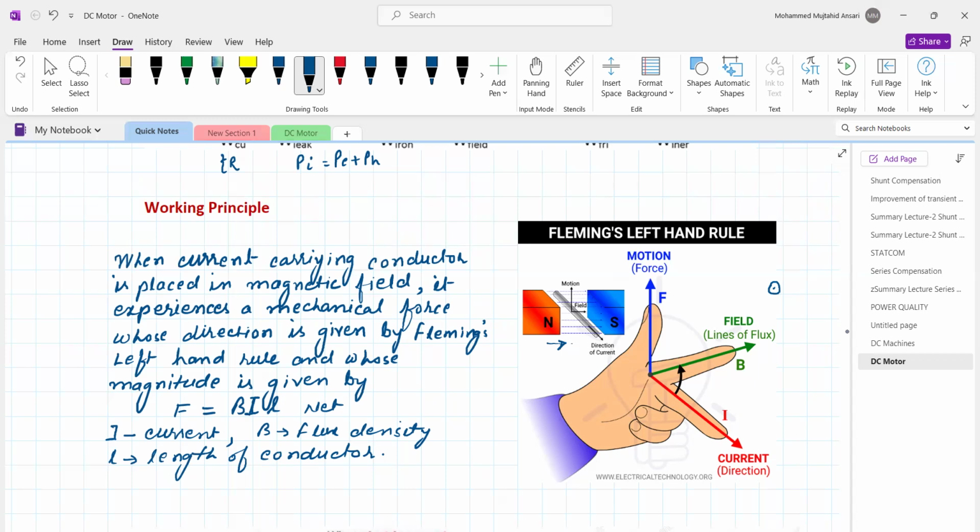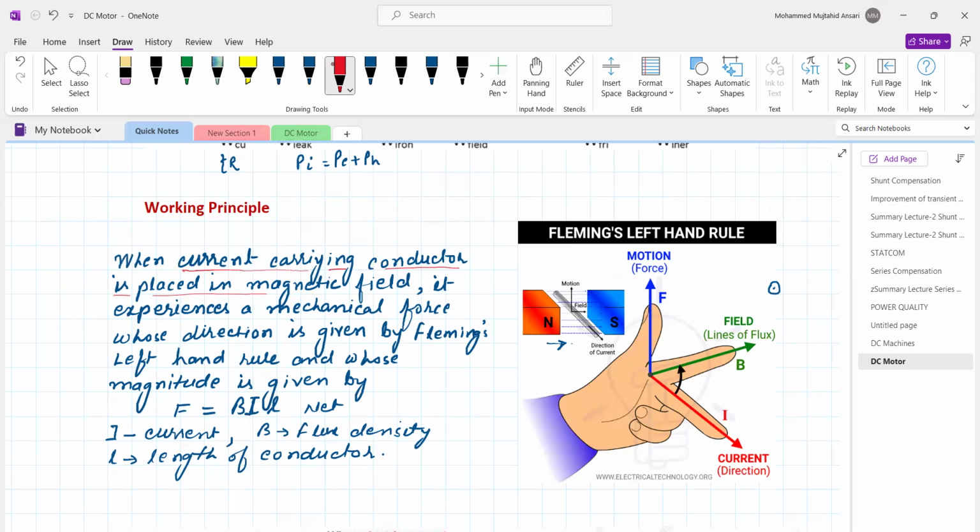So the magnetic field and conductor remain as they are. Only the difference is that we have used the current carrying conductor placed in the magnetic field, and therefore the conductor experiences the force whose direction is given by Fleming's left hand rule.